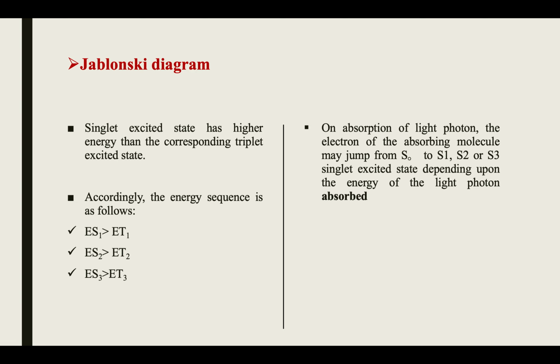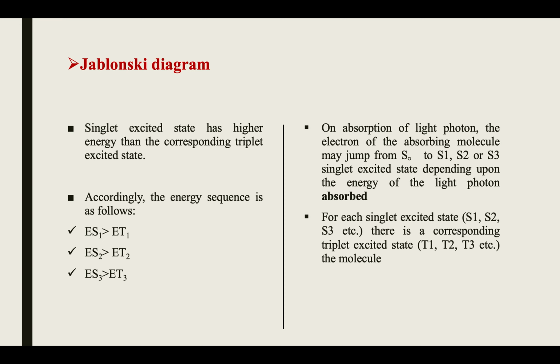That much energy will be absorbed and it will go to the higher electronic energy state. So it can go to S1, S2 or S3. For each singlet excited state, that is S1, S2 or S3, there is a corresponding triplet excited state, T1, T2, T3 etc. for the molecule.